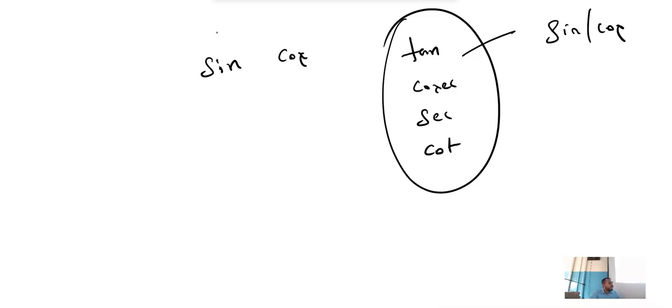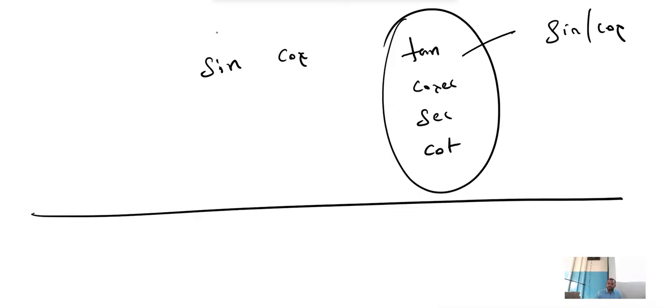If you see sine, keep it sine only. This is the logic. Cos, keep it as it is. Tan, sine by cos. Cosecant, 1 by sine. Secant, 1 by cos. Cot, cos by sine. This is what you have to do. Clear? Good. Congrats. You are in the right place to achieve a successful result in trigonometric identities.